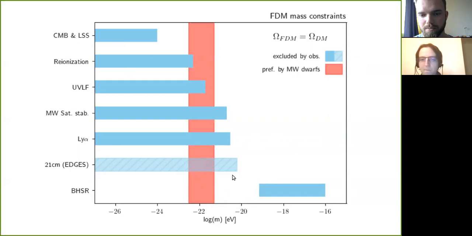So this small open gap here is then constrained from the heavier mass side by black hole superradiance phenomenology. In this mass range, 10 to the minus 20, we assume a typical velocity of 100 kilometers per second, and that would result in a de Broglie wavelength of 100 parsecs. So we really talk here about galactic scales.